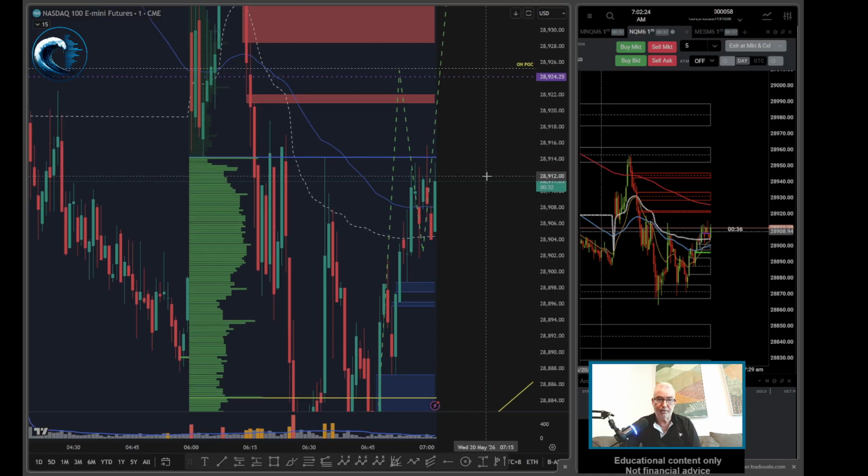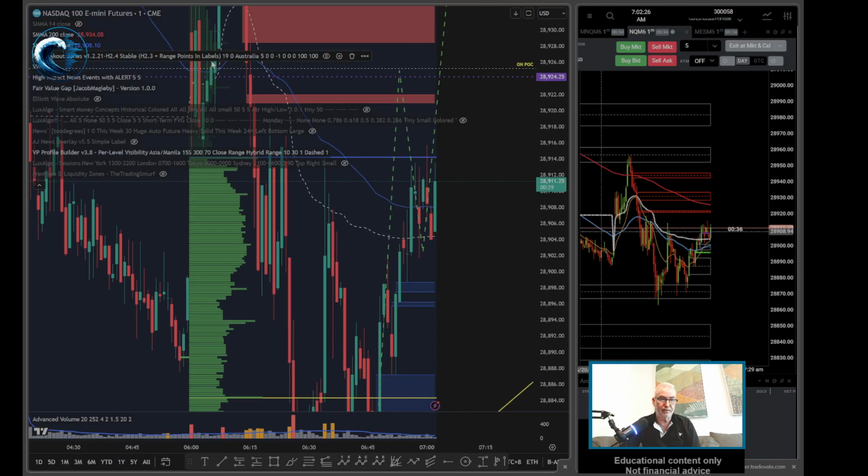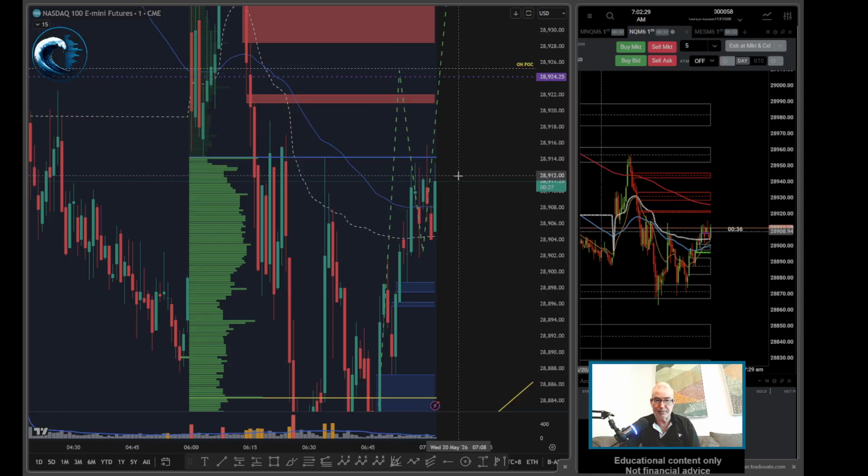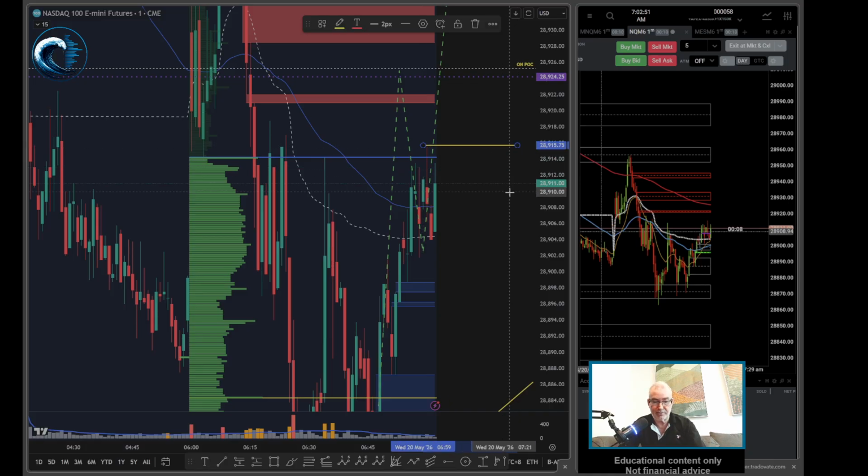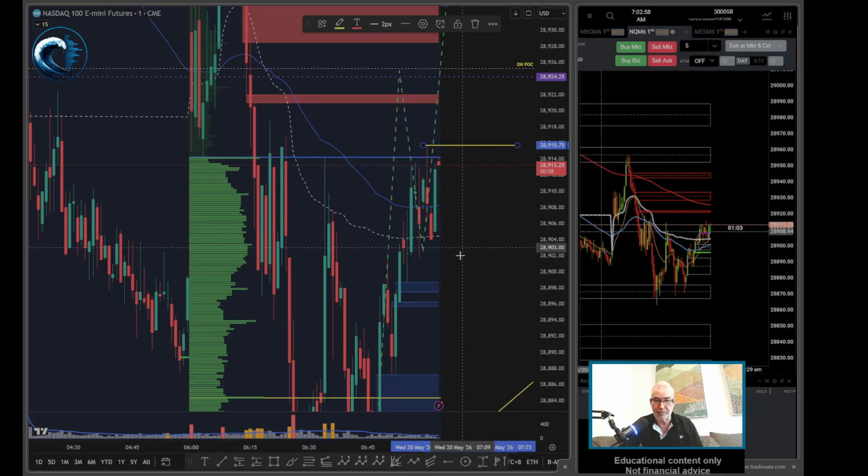So I've got my little tool that I've built that does this for you, but only because I'm lazy. Don't use it for trading, just use it to visualize how the market's going. So you would draw, that's not set in stone yet, that could still go up higher. I'm just drawing the levels.